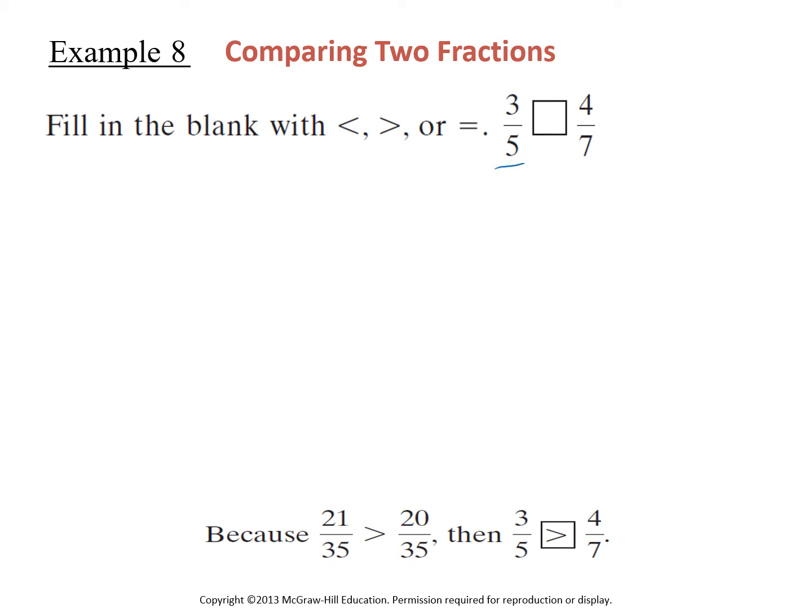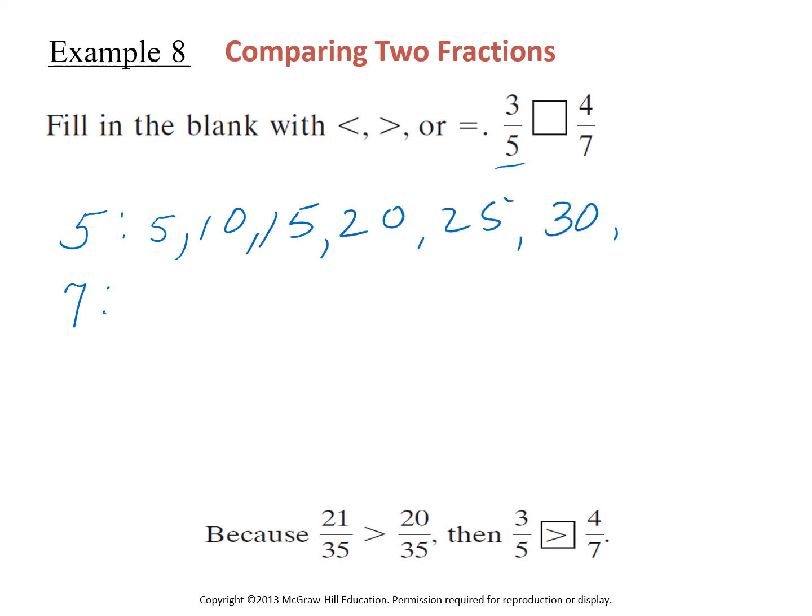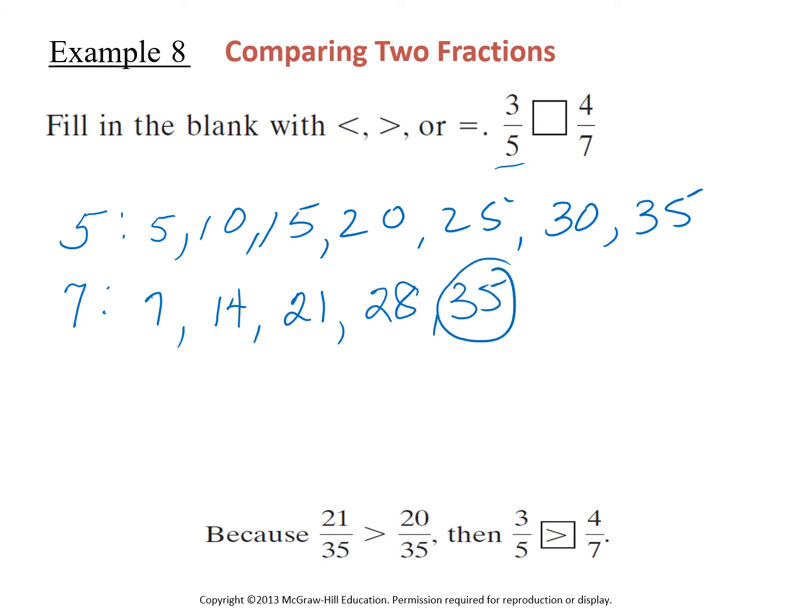So I will start by finding the multiples of 5 and then the multiples of 7. So I have 5, 10, 15, 20, 25, 30, 35. 7 times 1 is 7, 14, 21, 28, 35. So I see that my common denominator is going to be 35.